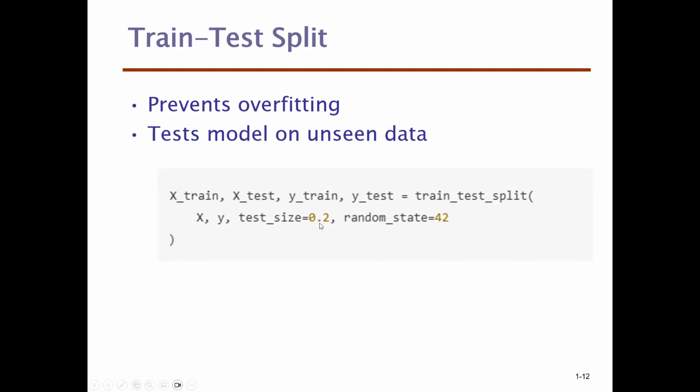We can make it 0.3 anyway. If it's 0.3, that means we are saying 70-30. Random state is important. It's about reproducibility. Later on, we can even include cross-validation. Let's see if it's in this slide also.